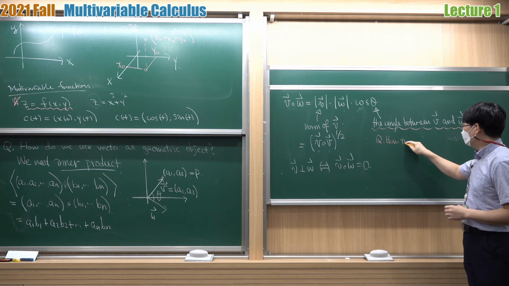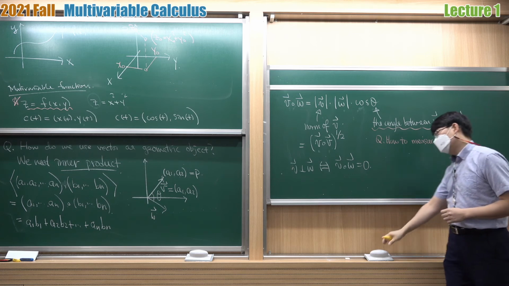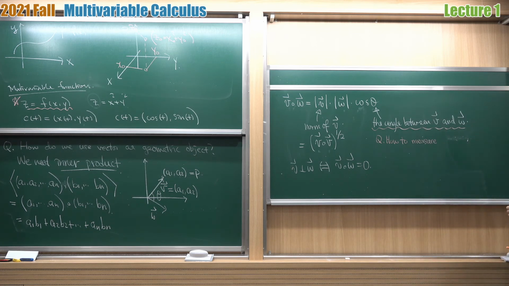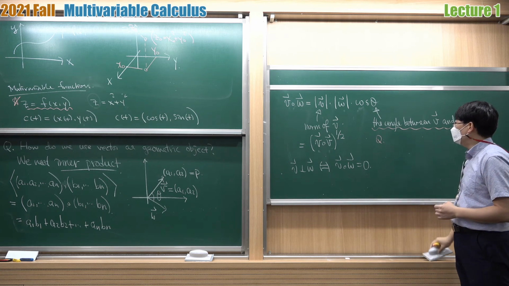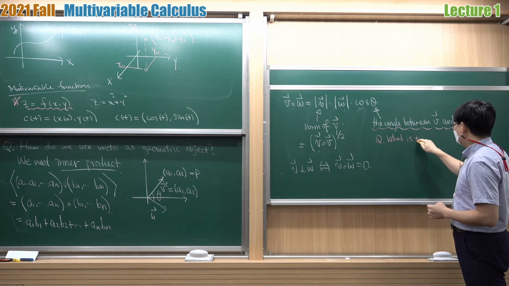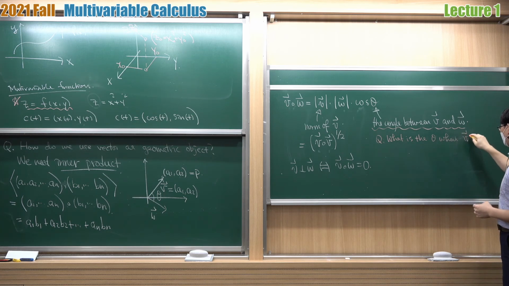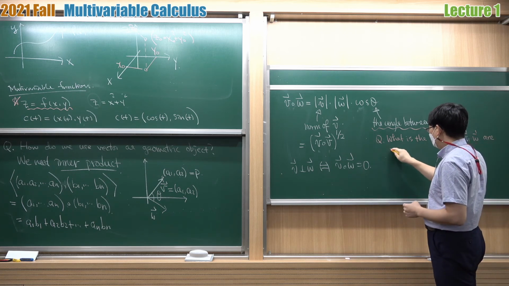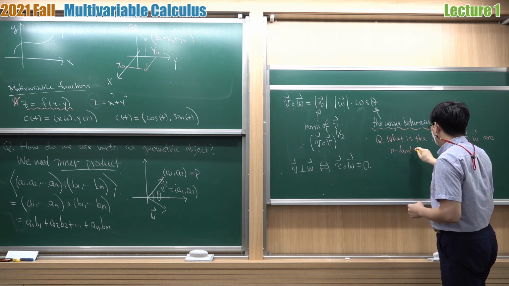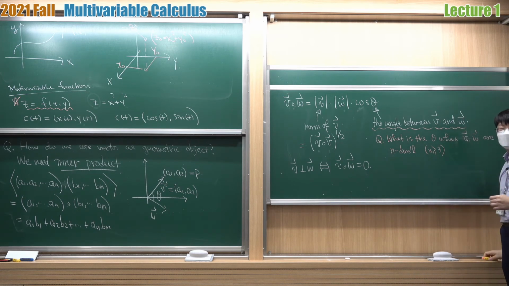Well, there could be a lot of ways of measuring, but what I really want to ask here is, what is the theta when V and W are n-dimensional? Here n is bigger than or equal to 3.